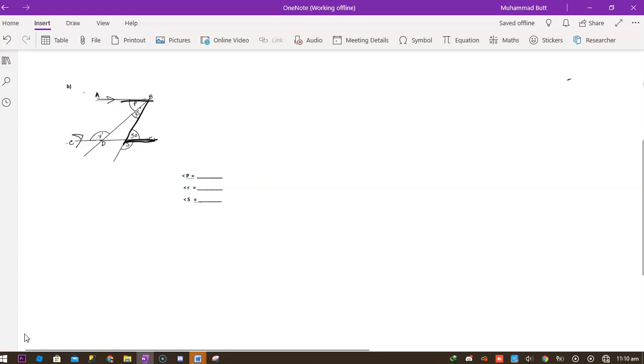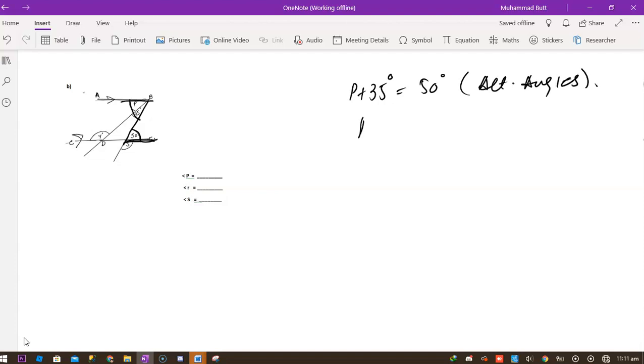So we can say that P plus 35 equals 50. Why? Because they are alternate angles. So if we want to find out P, that would be 50 minus 35, and P is 15 degrees. We have found the value of P, and that is 15 degrees.